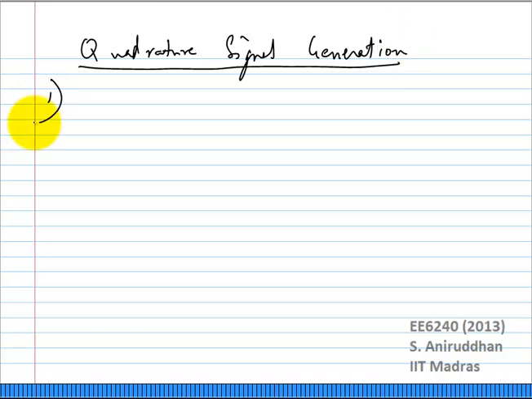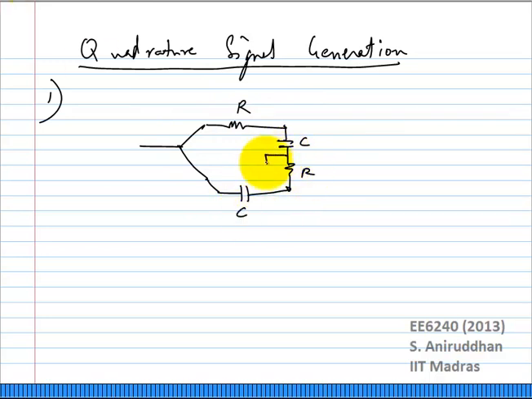So the first one is very similar to something we have already seen before. So what have we seen before? If I take any signal, a particular signal, and put it through this circuit, what do we know about it?